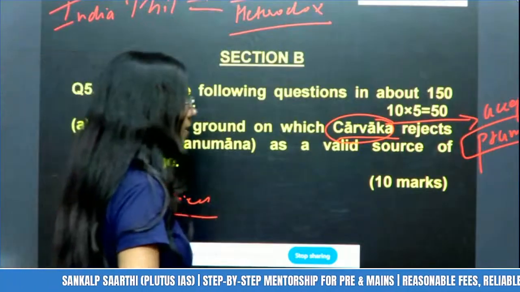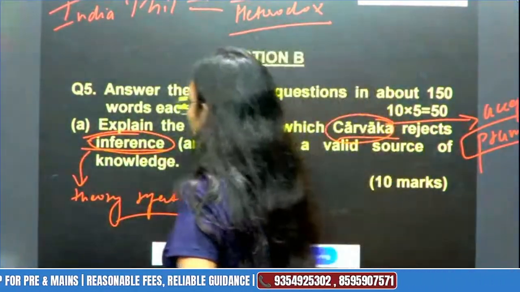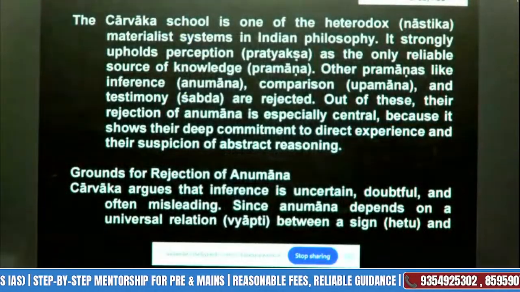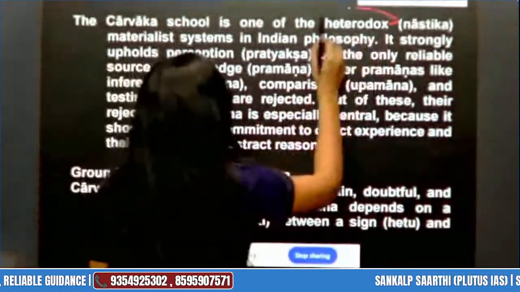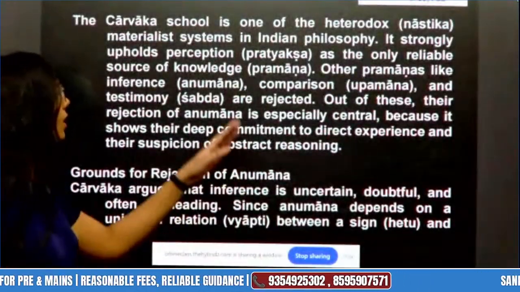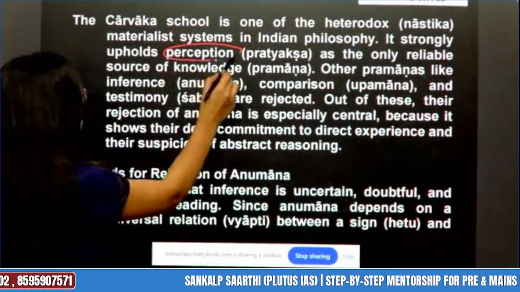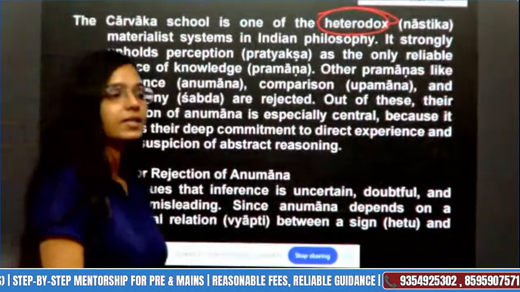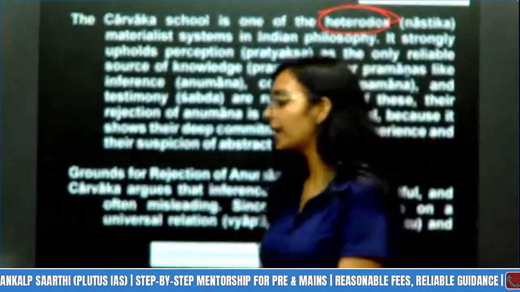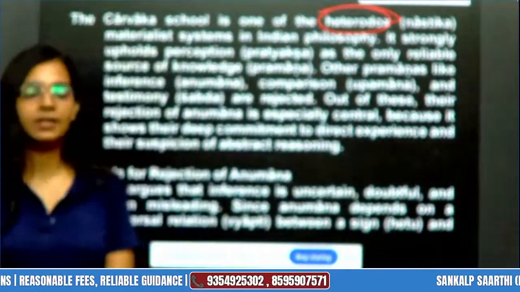On what basis did he reject it? So let's understand. First of all, explain that he belongs to the school of heterodox, right? And it strongly upholds perception. Anything that we can see is true knowledge according to Charvak, right? And if we cannot perceive it, if we cannot see it, that's invalid.